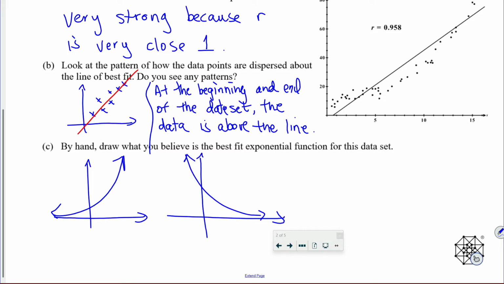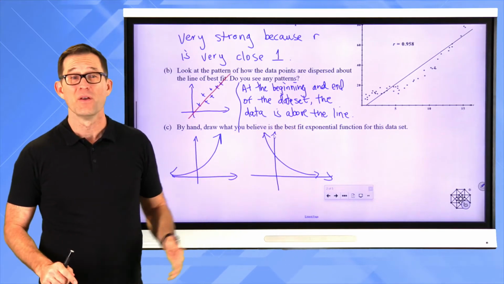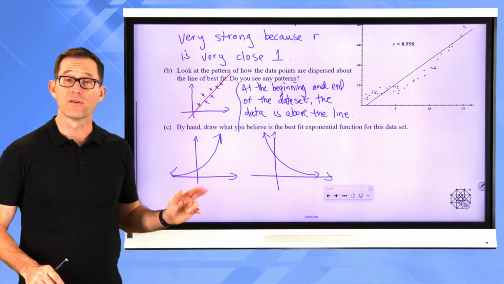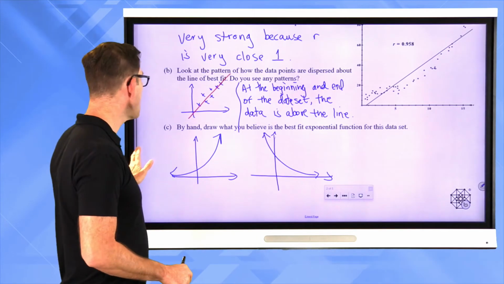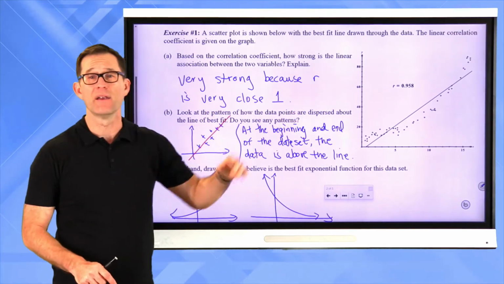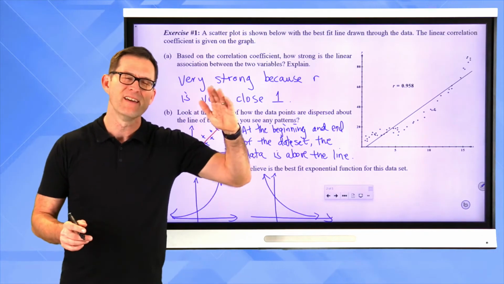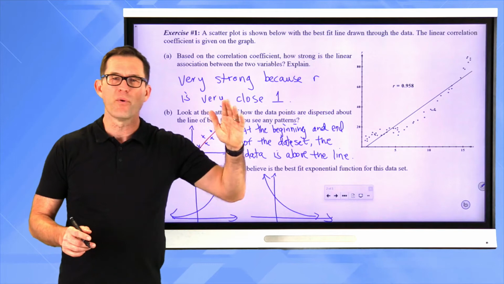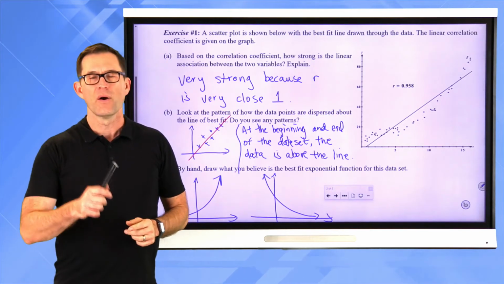This one is clearly an increasing set of data. So we want to draw a graph that kind of looks like this and see what you can do. Draw the best fit exponential that you can through this data set. And I know that's a little bit different than drawing a line where you're like, let me see if I can get the same number of points above it and below it, general slope, all that. Go ahead and do that.